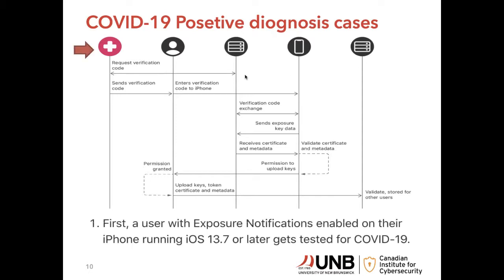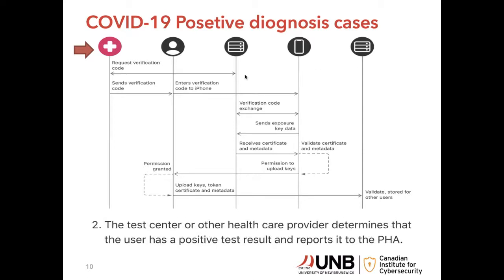So first is a user with exposure notification enabled on their phone. For this case, an iPhone running iOS 13.7 or later is tested for COVID-19, and the test center or other health care provider determines that the user has a positive test result and reports it to the public health authority.